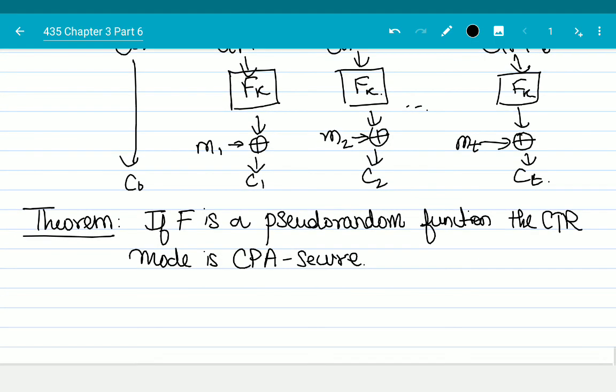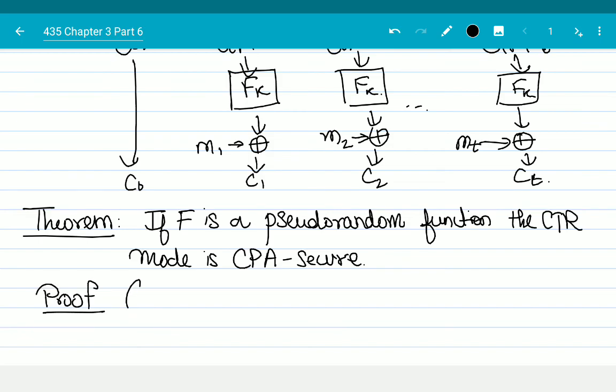And I won't give you the full proof because I wanted to keep this short. Proof sketch.